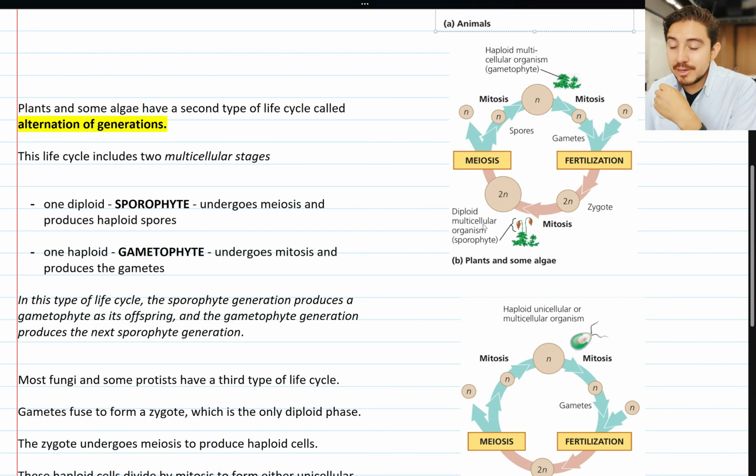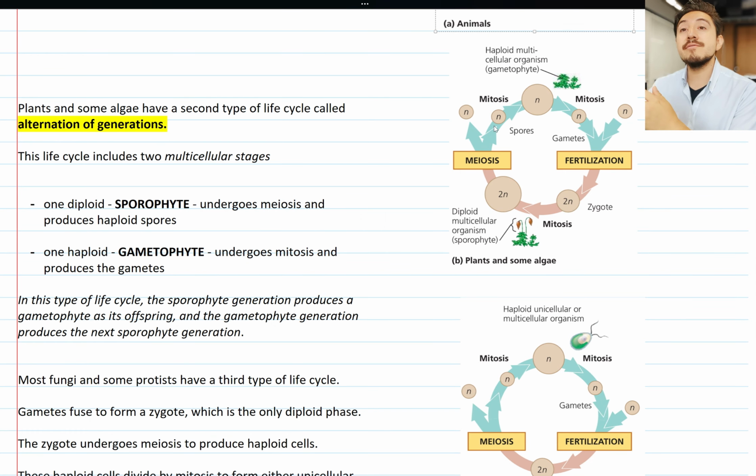This diploid plant will undergo meiosis and produce haploid spores. These are the little spores. So the diploid plant will produce cells that will undergo meiosis and liberate these little structures here that are called spores. These spores are haploid.